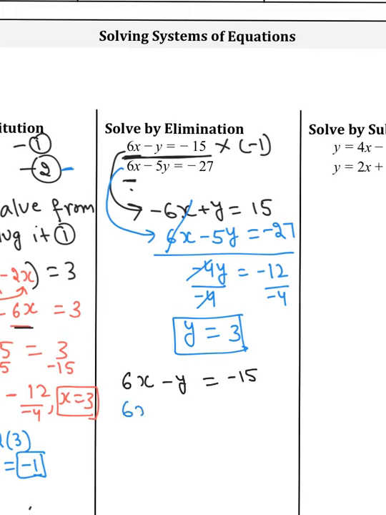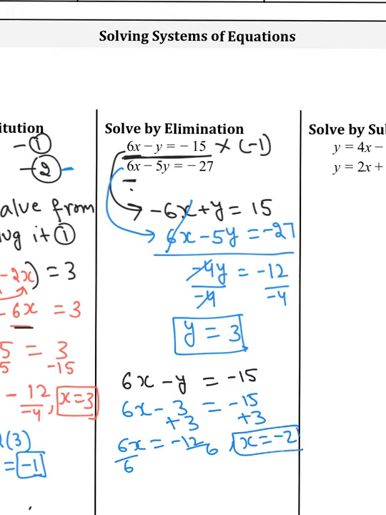So 6x minus 3 equals negative 15. So you're going to add 3 on both sides. You're going to get 6x equals negative 12. When you divide by 6 on both sides, you get x equals negative 2.